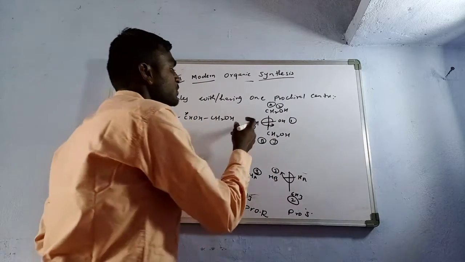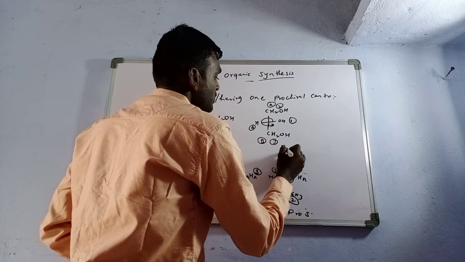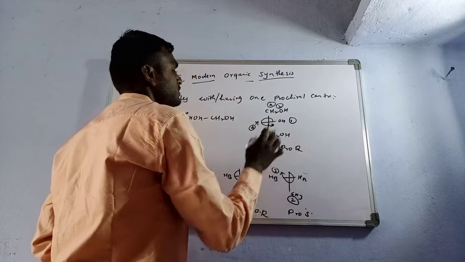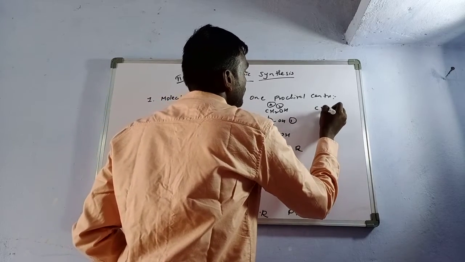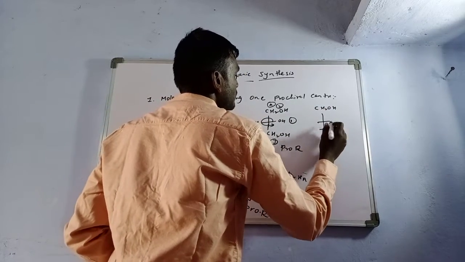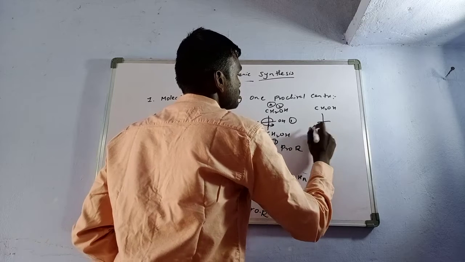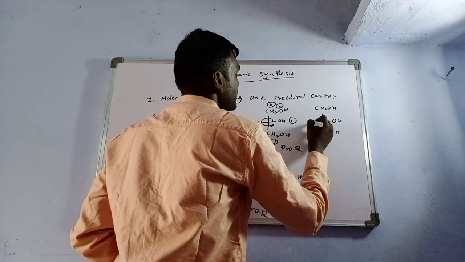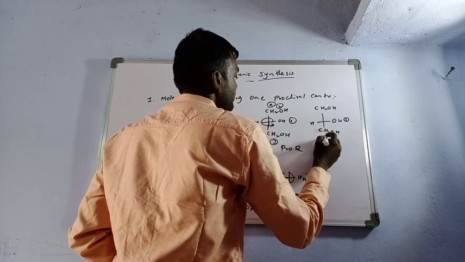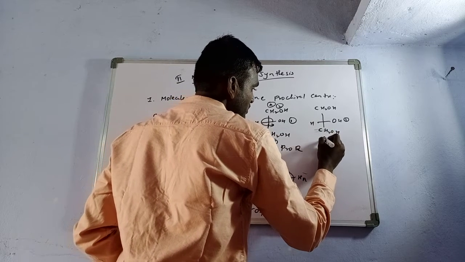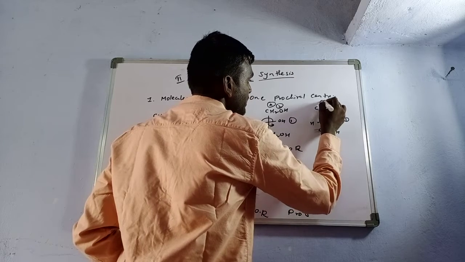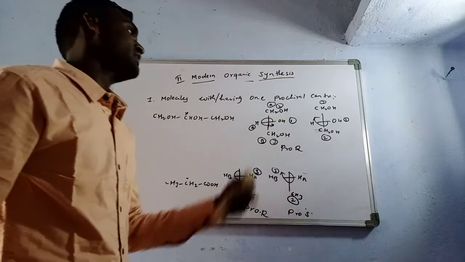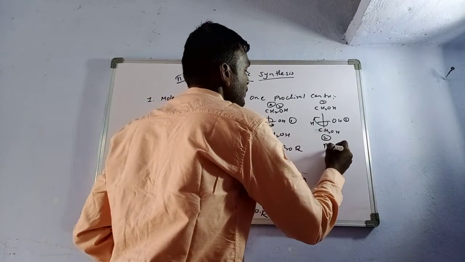The fourth priority group is in the horizontal line, so it is pro R. In a similar way, with CH2OH, and OH and H, if we give the second priority to the B group, and this is the third priority, this is the clockwise direction, and the fourth priority group is in the horizontal line, so it is pro S.